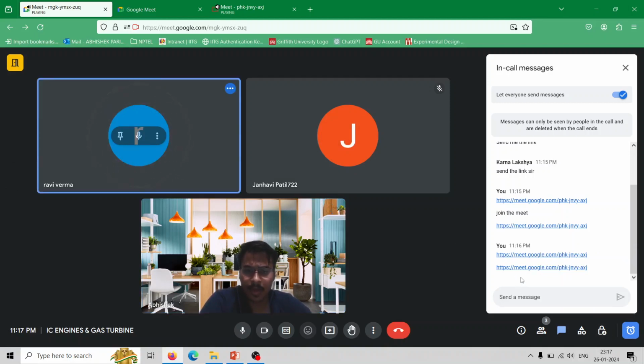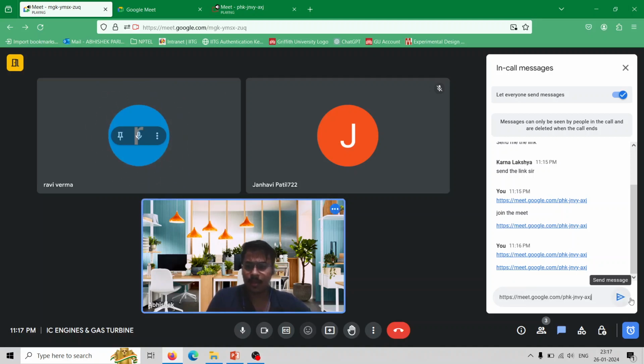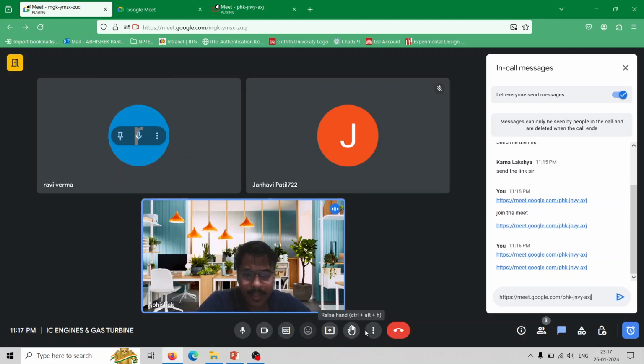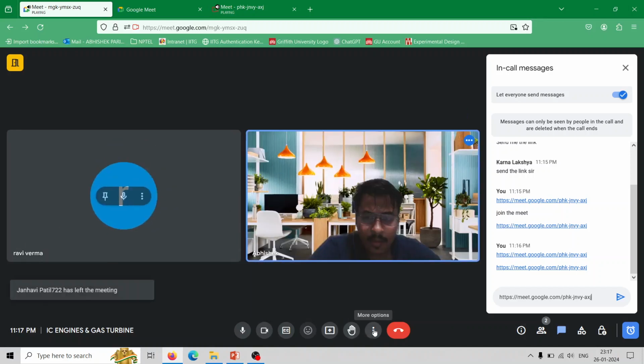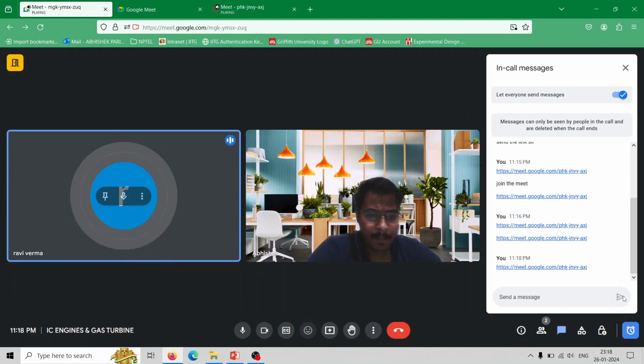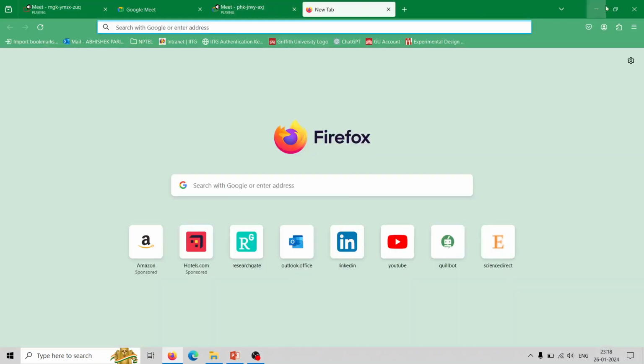Hello? Ravi, join this link. I have given it in the chat box. Sir, I'm actually not getting the chat box. Where can I find it? Have you joined through mobile or laptop? I've joined through mobile, sir. So on mobile, you can find the three dots. Sir, can you send me the link to my email ID? Okay, tell me your email ID.